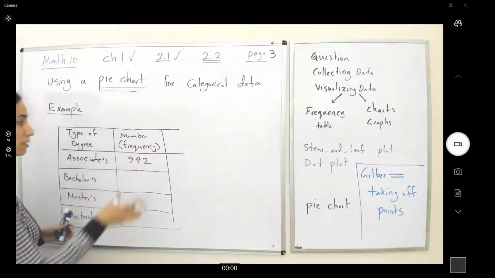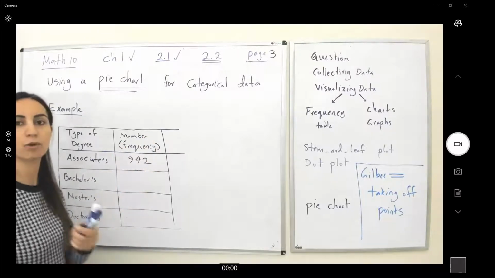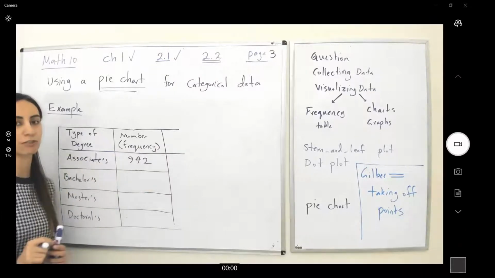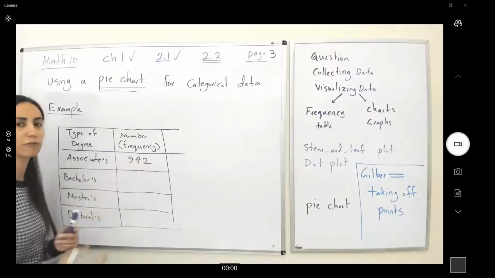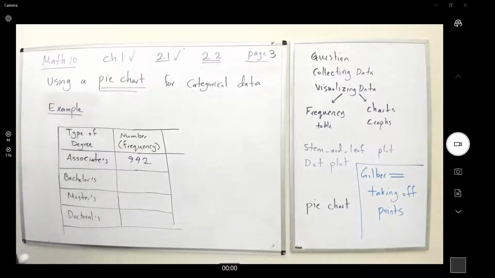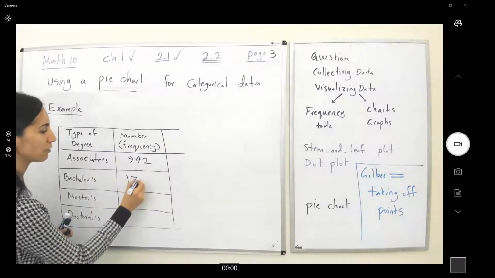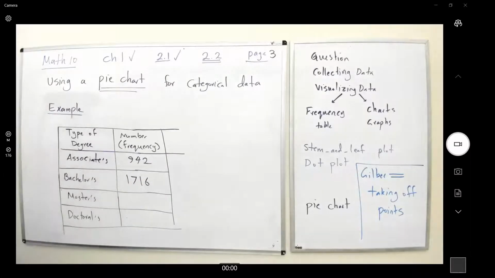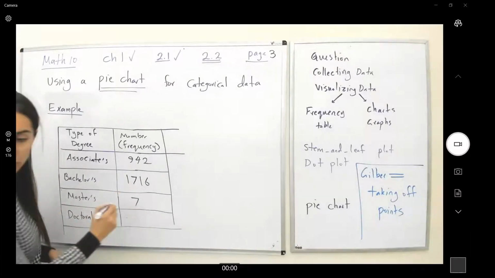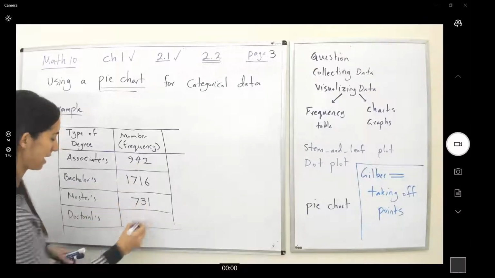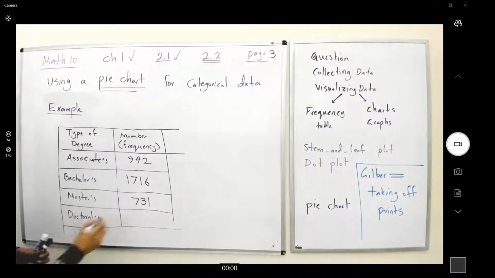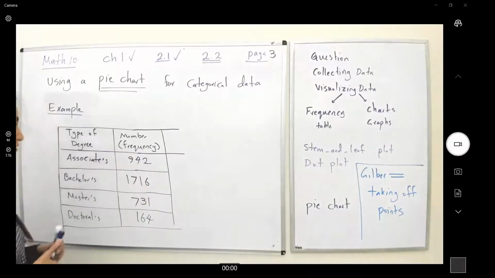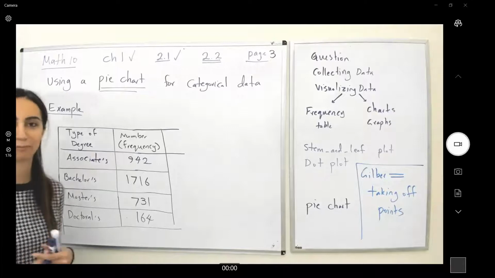It means that the number or frequency or count of associate's degree is 942. You have 942 of them. The second category, 1,716 of them. For masters, you have 731, and for doctoral, you're going to have 164. Very well. What's the next step?